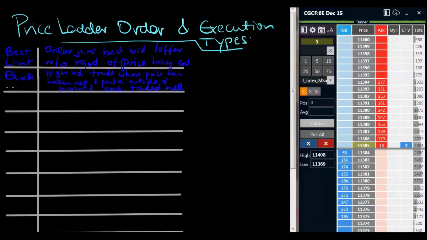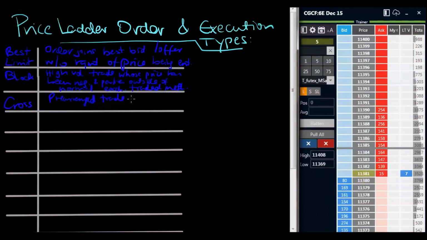Likewise, if we take a look at a cross, again, it's a prearranged trade, with either a party within the trading firm or a specified party outside of the firm.